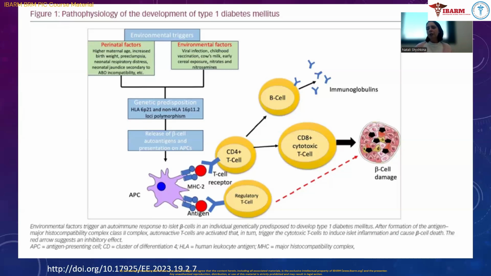So at the end of this scheme, you can see that it's beta cell damage, and you have to keep in mind the difference between these two types, because the treatment will be different, and that's the point why I try to put them together, and you will see the difference in a moment.